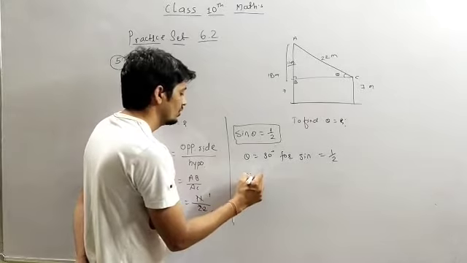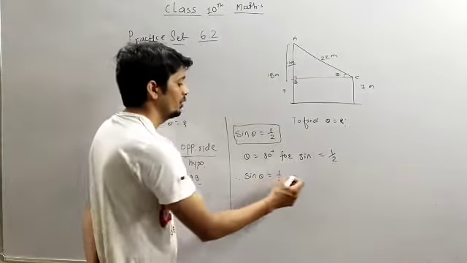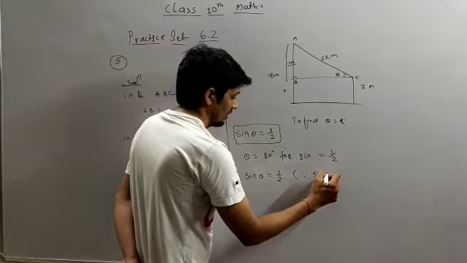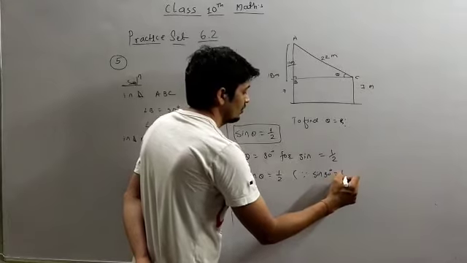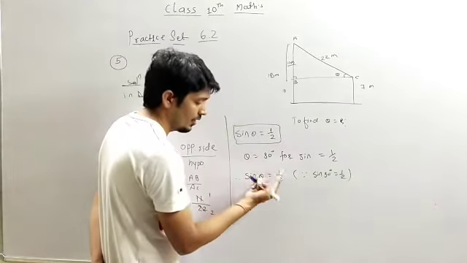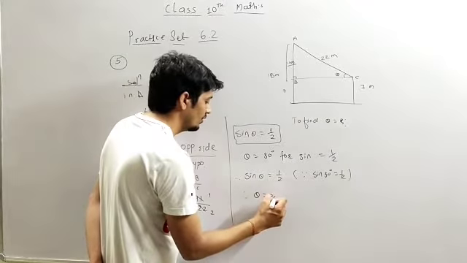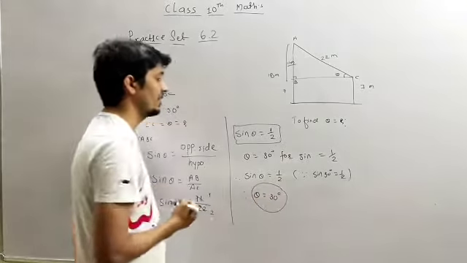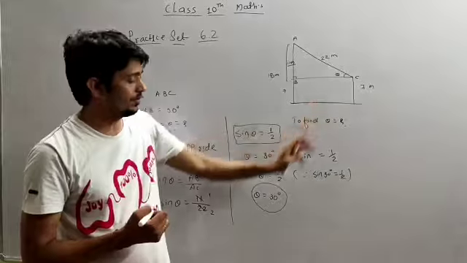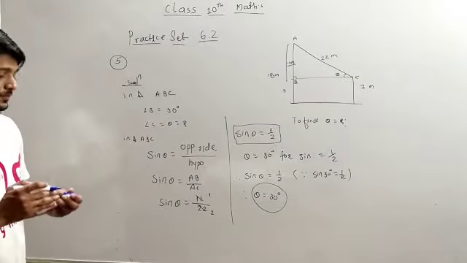Therefore sin theta equals 1 by 2, because we know sin 30 degree equals 1 by 2. So the angle theta will be 30 degree. Therefore theta equals 30 degree. So this is the answer. That means this angle is 30 degree. Okay, so this is the solution. Write it down.